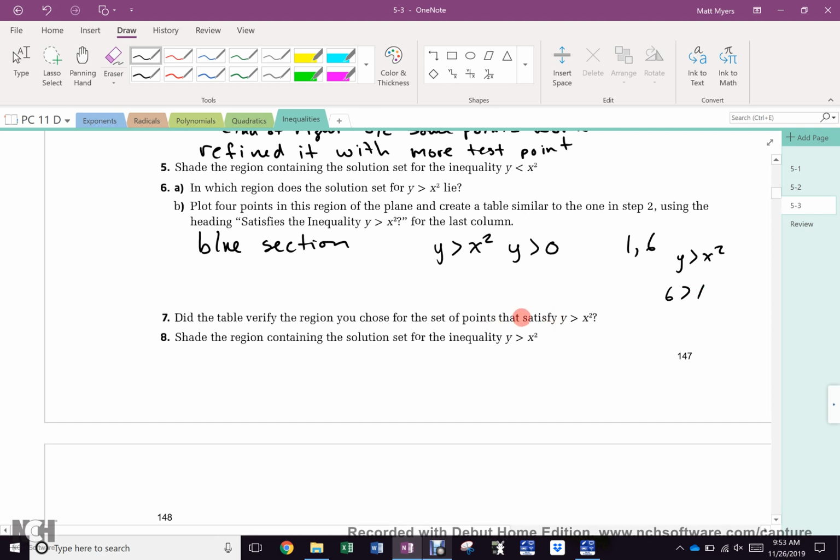Did our table that we just made, because we already used 0, 4 up above, and now we've used 1, 6, did it satisfy? What is the other word we use for satisfy? Did it work here? Yes. And we've already shaded it. What color did we shade it? Blue. Is everybody cool? It's exactly the same as the line, right? We just choose our test points.